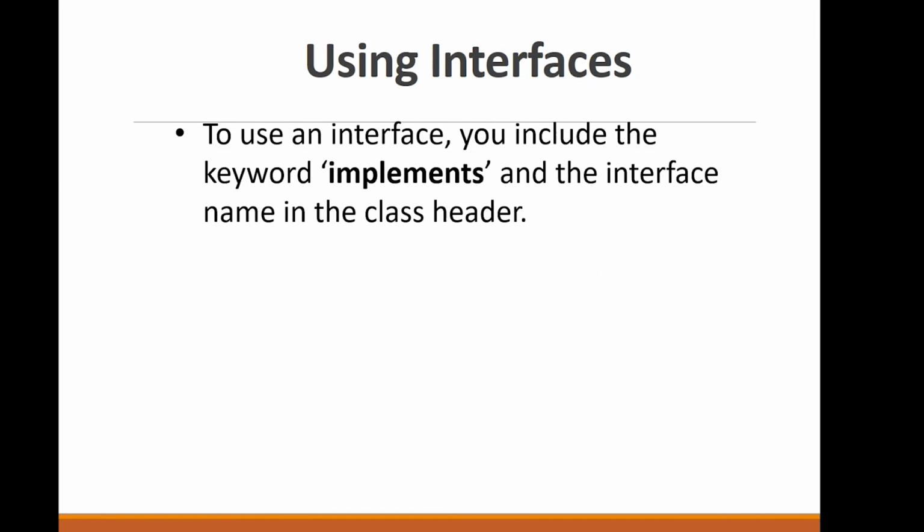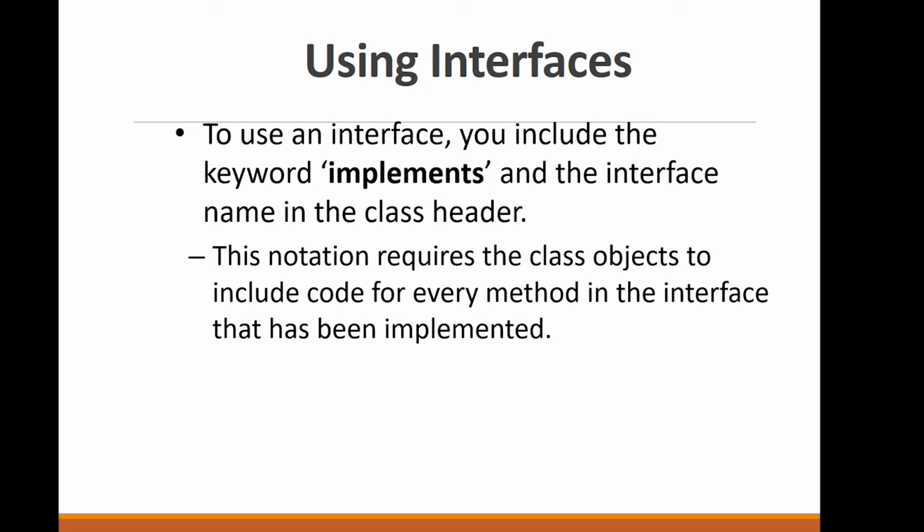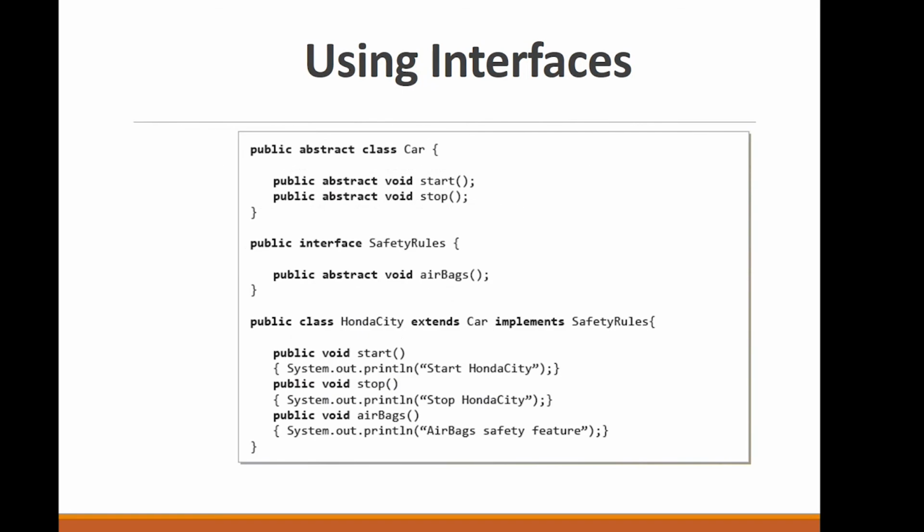Now, to use an interface, you include the keyword implements and then interface name in the class header. So this notation requires class objects to include code for every method in the interface that has been implemented. So for example, this one.